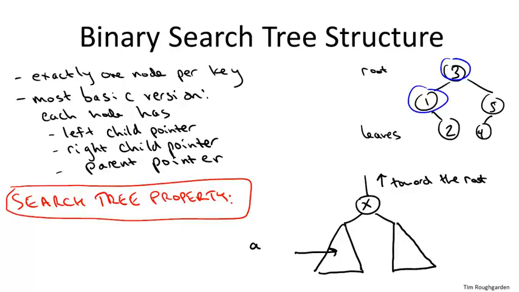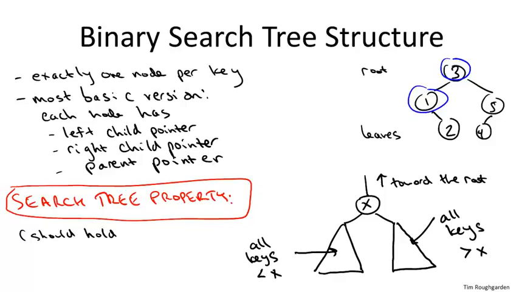And similarly, the right subtree being everything reachable via the right child pointer from x, it should be the case that all keys in the left subtree are less than x, and all keys in the right subtree are bigger than x. And again, I want to emphasize this property holds not just at the root, but at every single node in the tree. I've defined the search tree property assuming that all of the keys are distinct.